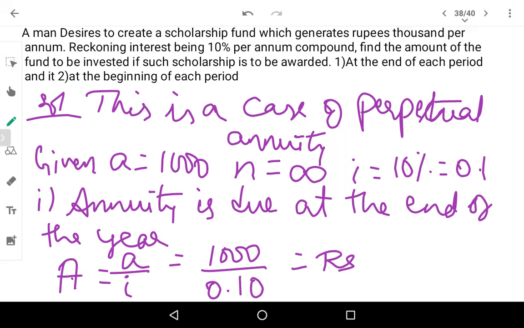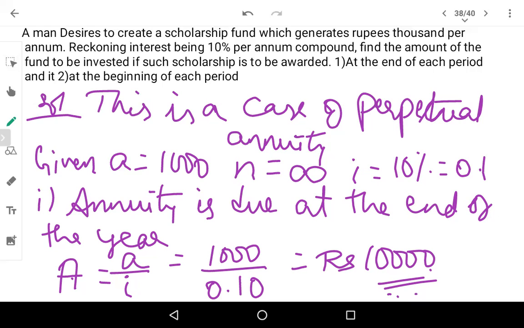So the amount that has to be there in the scholarship fund to give it to the students at the end of the year is 10,000 rupees.